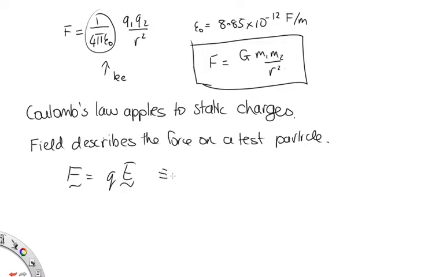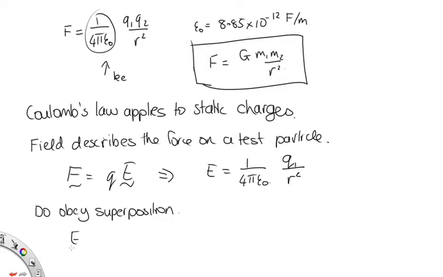So you can see from this that the electric field is going to be equal to 1 over 4 pi epsilon naught Q1 over R squared, where Q1 is the charge which is generating that field. Now, the interesting thing about electric fields is that they do obey the principle of superposition.